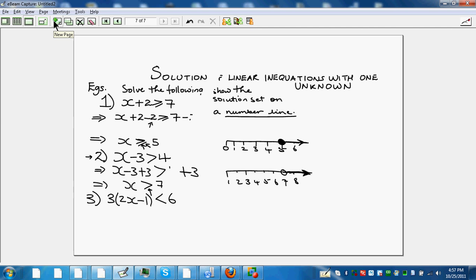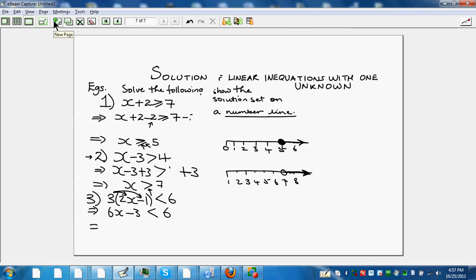Okay, so in this case, how would we solve it? Well, we multiply throughout by the 3. So we get 3 by 2x is 6x, 3 by minus 1 is minus 3, is less than 6. Then what we would do is we would add 3 on both sides.